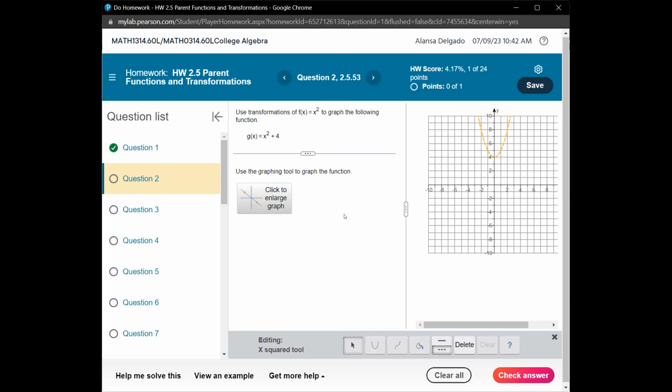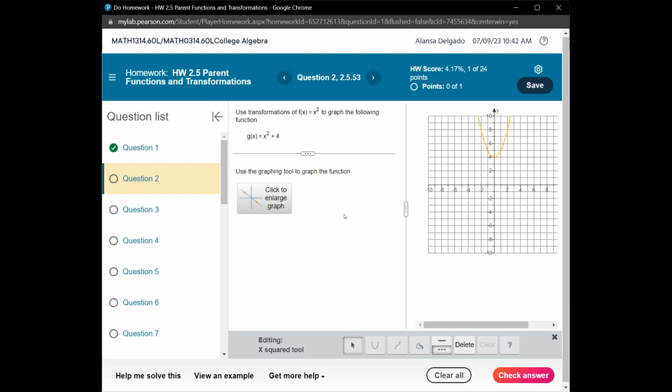And if it's minus something times x squared, if it's y equals minus x squared plus 4, then it's going to be flipped vertically. If it was x squared minus 4, then it would start at 0, -4, and then go up. It's still going to go up.